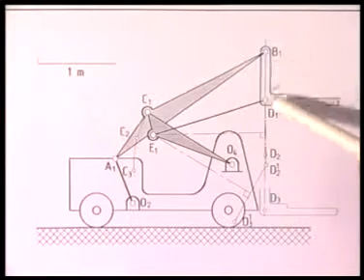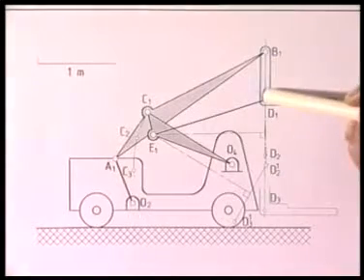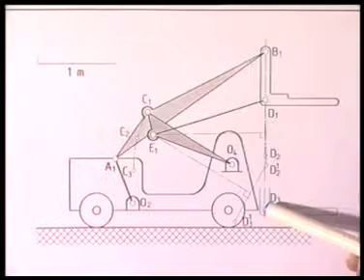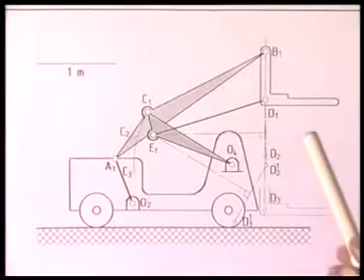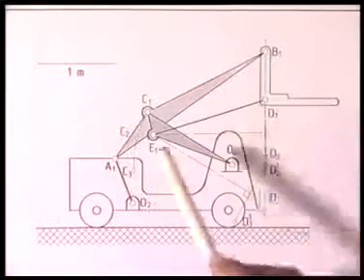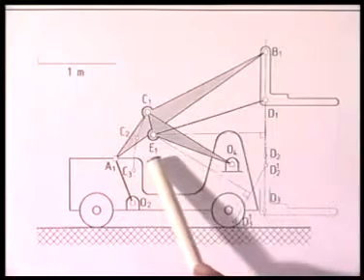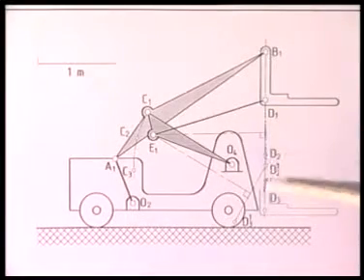Now B is at B1, D is at D1. When at the second configuration B goes to B2, because this distance remains same, I can locate D2 and similarly D3 corresponding to the third position on the same vertical line. The only task is to determine this revolute pair on this link at E1 such that D1 passes through D1, D2 and D3.